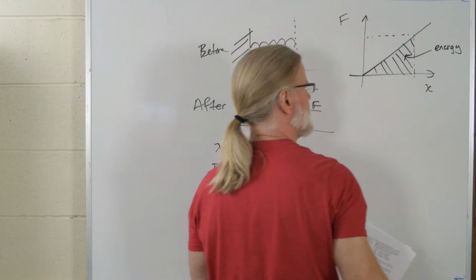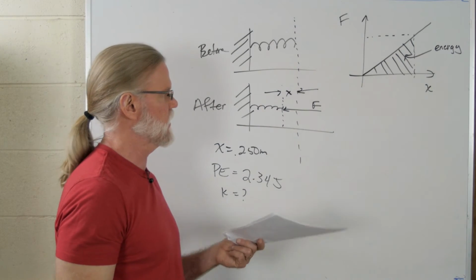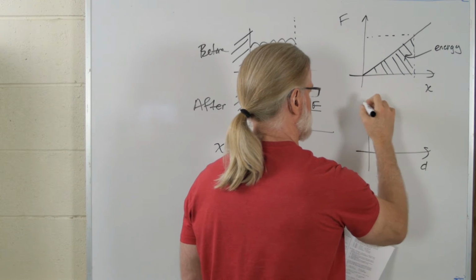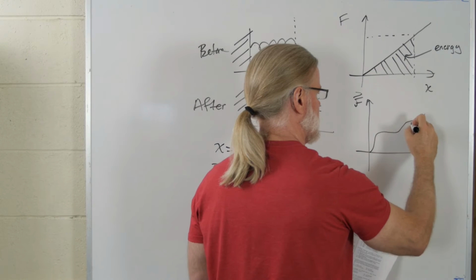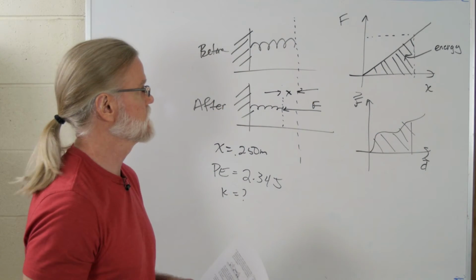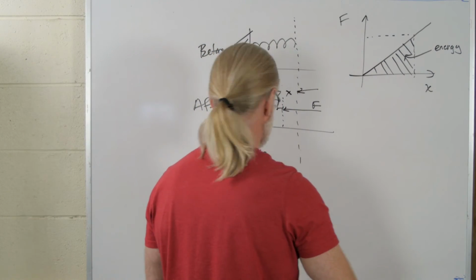That's true in general, not just of the spring, but any force versus displacement graph. It doesn't matter the shape of it. The area under the curve is the work done. But we don't get into that so much in this class.